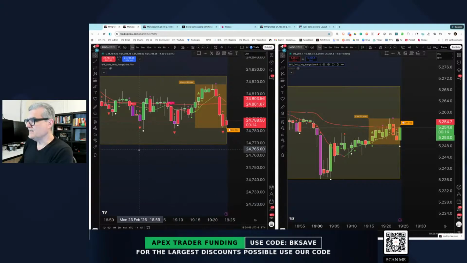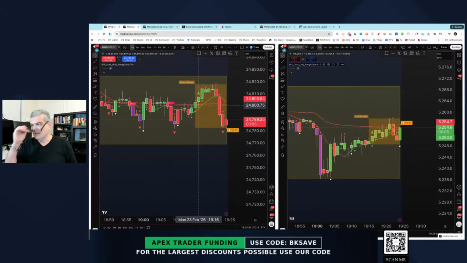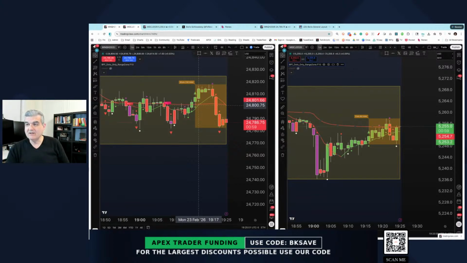So the thing is that with the session right now, what you really see is that there's very little direction. The most important thing to understand when we're looking at these charts is that 8 is very close to VWAP. When 8 is very close to VWAP, there's no movement, no directionality.